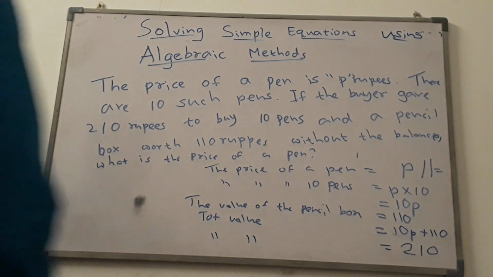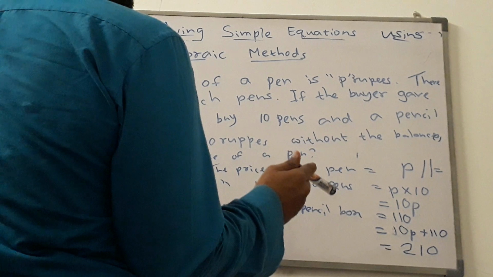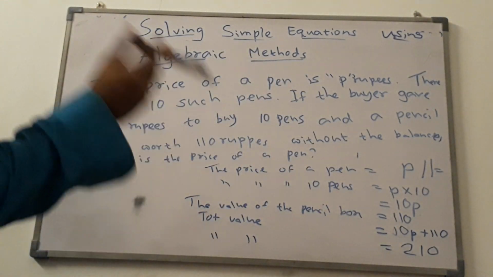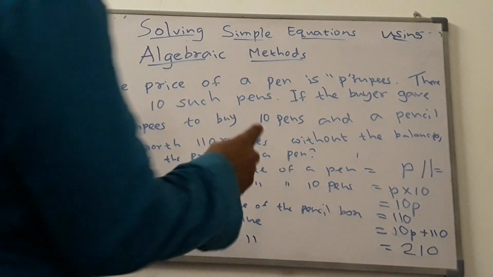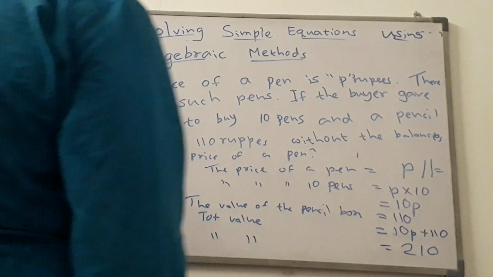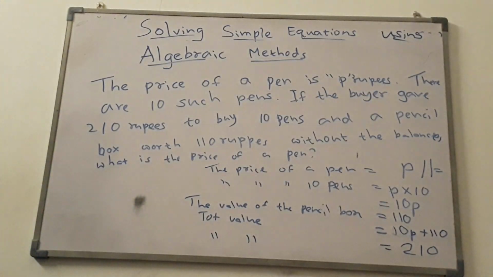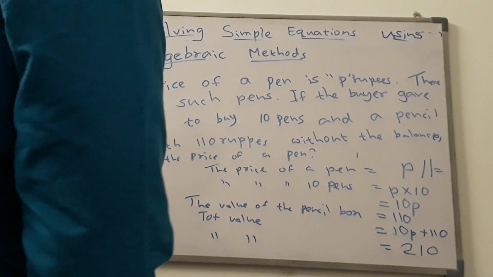We found the value of 10 pens in terms of P, that is 10P. The price of a pen is P, the price of 10 pens means 10 times P, 10P. Then the price of a pencil box is given as 110. So the total value can be written as 10P plus 110 in terms of P, and that is equal to 210, the total value of this transaction.